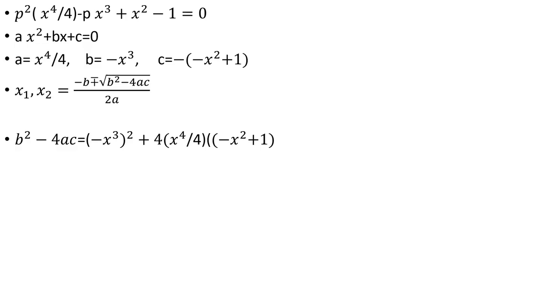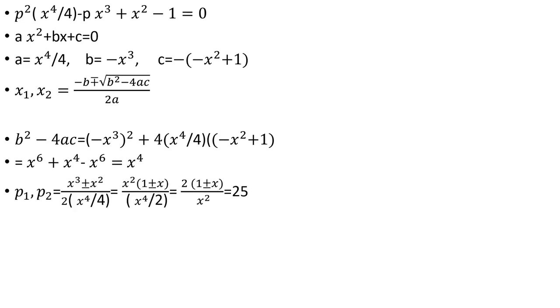To make the story short, if we simplify this, we will get this equal to x⁴, simply because x³ to the 2 is x⁶, and I have a term minus x² times x⁴ would be x⁶, and we have a 4 in here. 4 and 4 cancel out. So if I plug in the value for this square root, I can put x² under that, because b² minus 4ac really turns out to be x⁴.